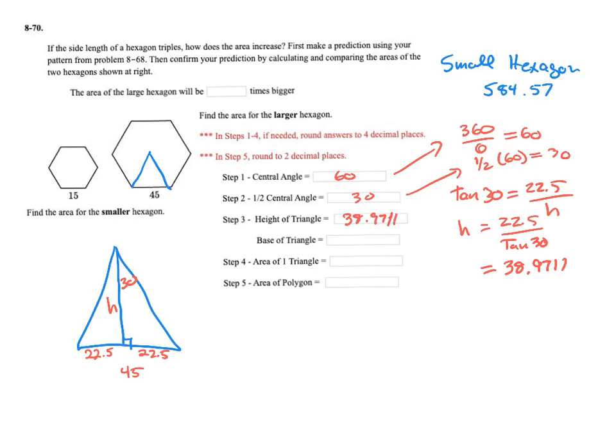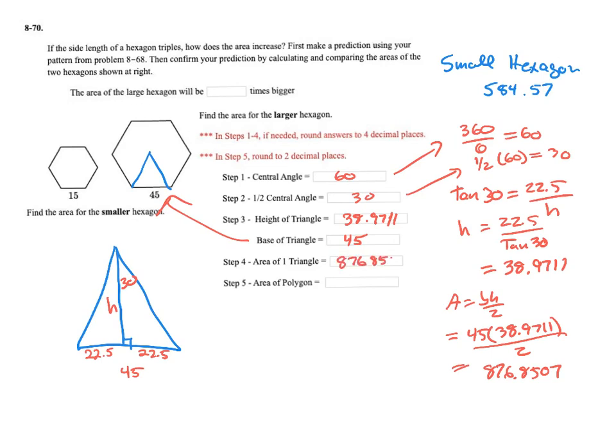So to find the base of the triangle then, the base, again, is just going to be the length of one of the sides. To find the area of one triangle, base times height divided by 2. So that's going to be 45 times 38.9711 divided by 2, and that number is 876.8507.